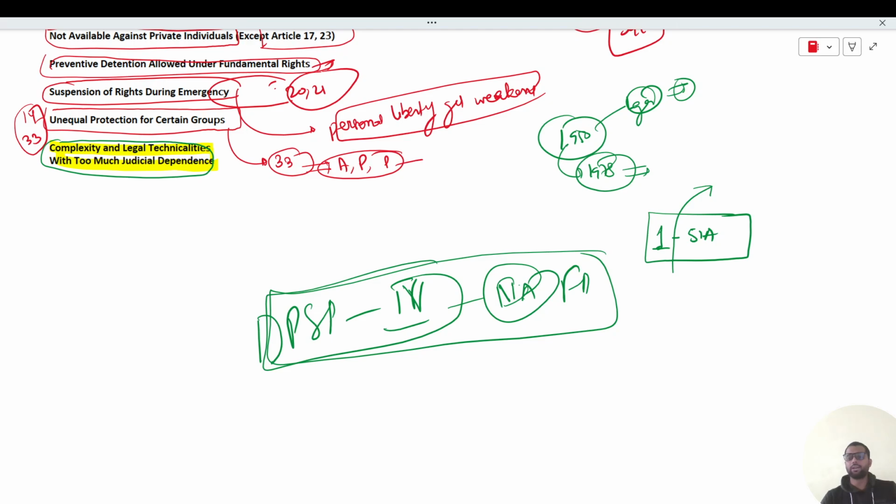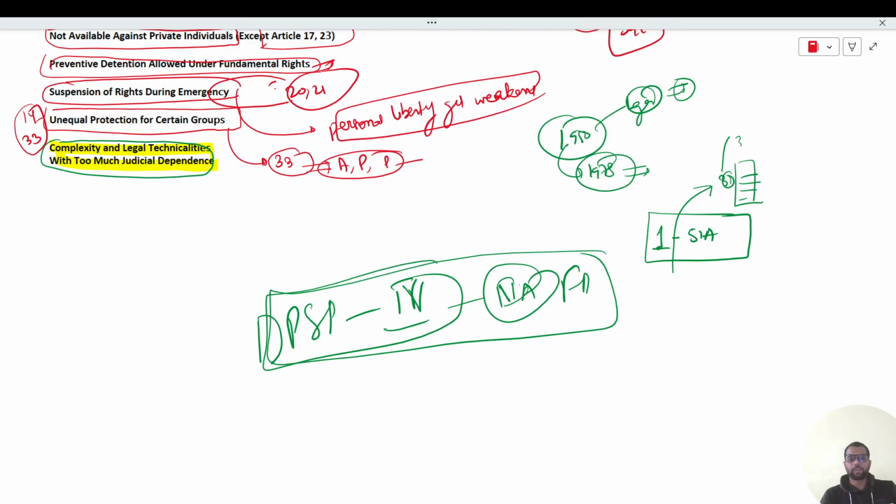Articles from Part Third and Part Fourth are directly asked, like what is Article 32, what is Article 33, in the State PCS and other competitive examinations. So I am explaining each article with some story behind it, so you can easily remember all the clauses and sub-clauses of all the articles ranging from 1 to 51A.